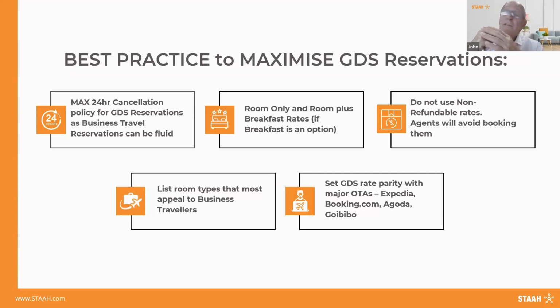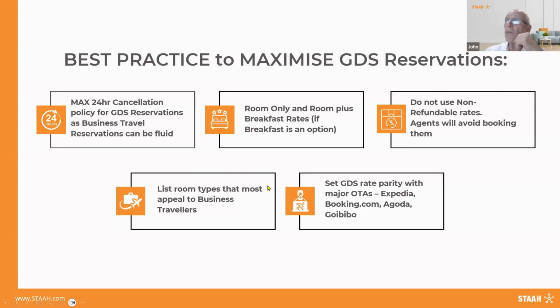Agents will avoid them, in fact, they really just won't book them, because it doesn't allow them to address their challenges, which is over in the first box over here, of the fluidness of business travel. Where, yes, non-refundable rates work on OTAs. They do not work on GDS. I'm just giving you this as my experience and guidance.